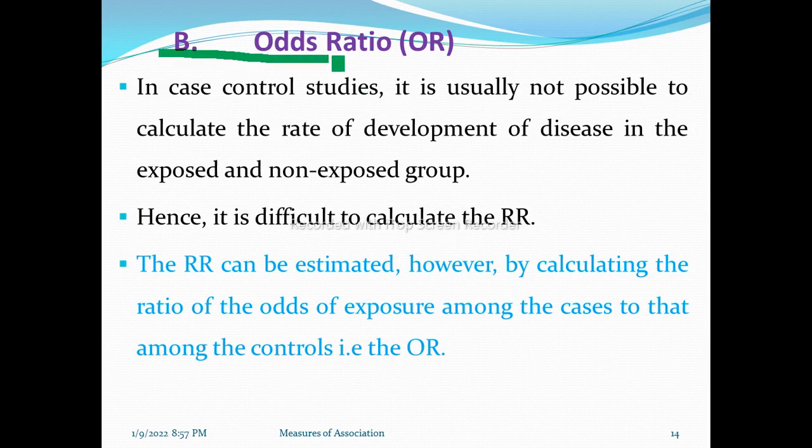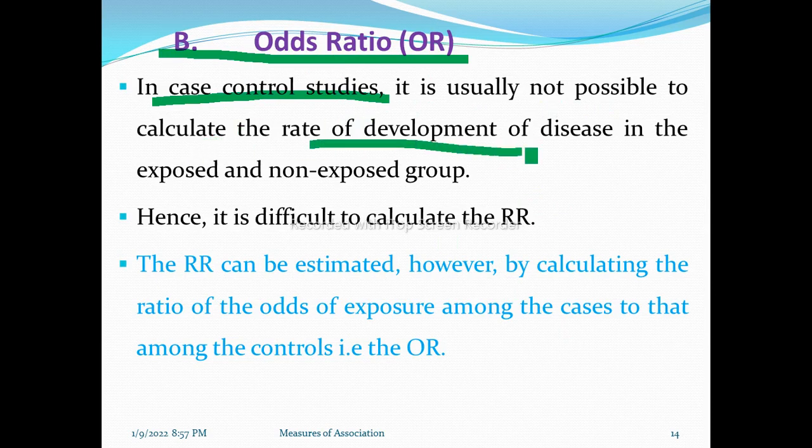Now the second group is odds ratio. In case control studies, it is usually not possible to calculate the rate of development of disease in the exposed and non-exposed groups. Since we cannot calculate the rate of development of the disease, we will use odds ratio.